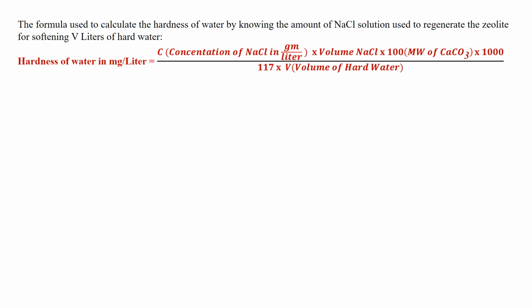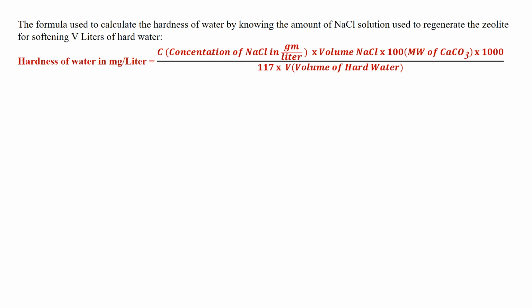The formula used to calculate the hardness of water by knowing the amount of NaCl solution used to regenerate the zeolite for softening V volume of hard water is as mentioned below. The hardness of water can be calculated in milligram per liter or ppm.